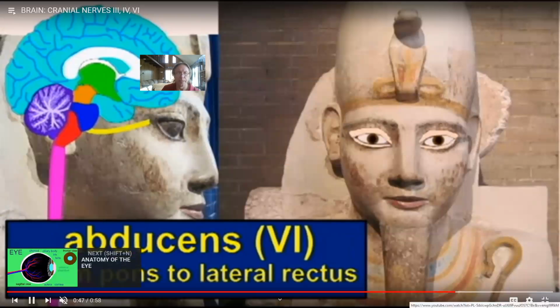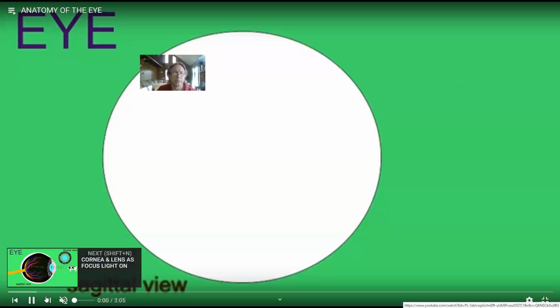When we consider the eye, it's typical to look at it as a series of four layers, and that includes the lens. So the outermost layer is what we call the fibrous tunic.